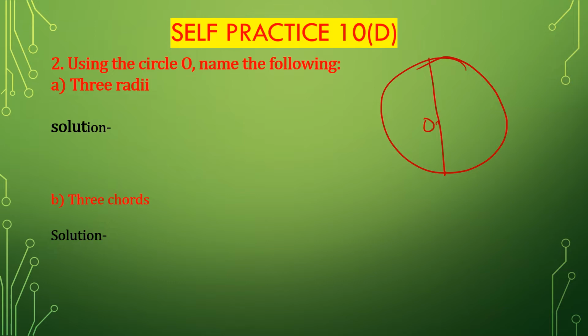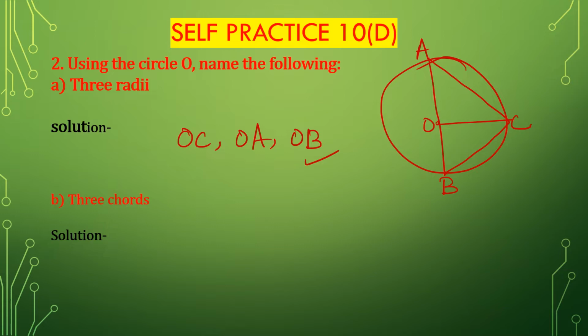This is center O. This is B, this is C. OC is a radius, OA and OB. The 3 radii of the circle are OC, OA and OB.